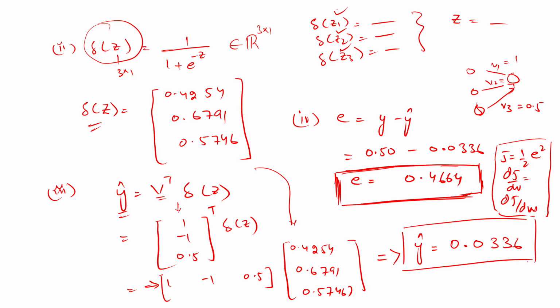So we will directly use them to find the gradients. If you recall, we found the formula dj by dv equal to minus e times h.